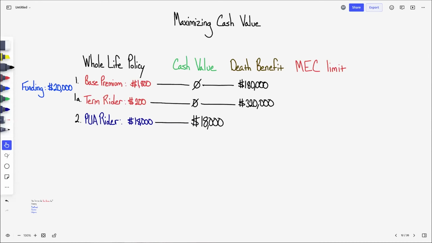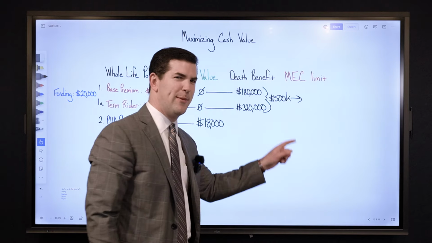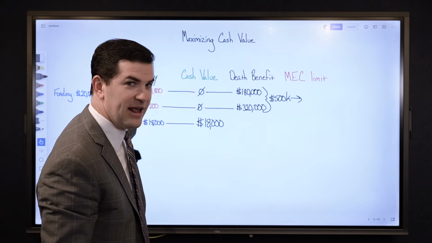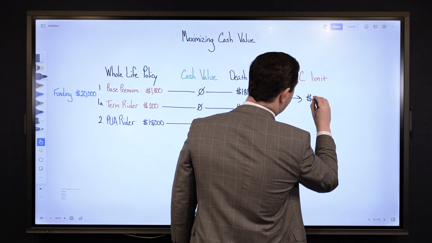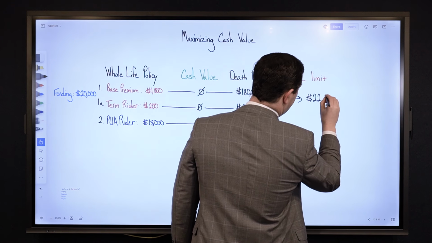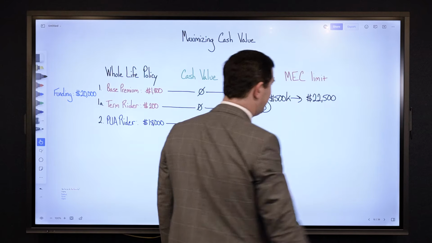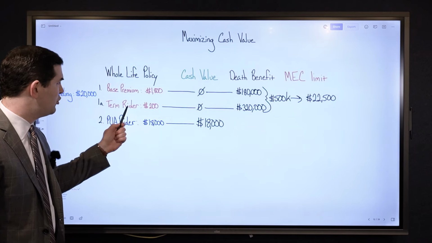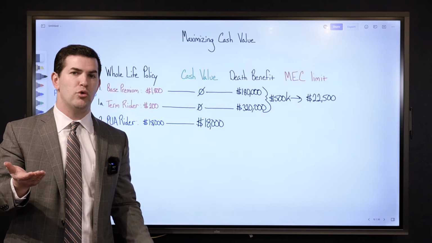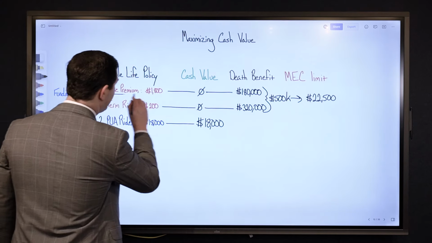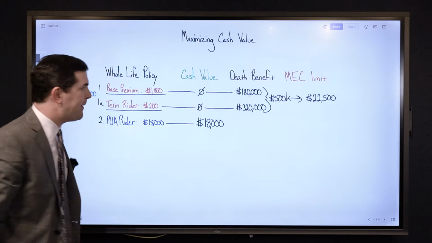Add those two together, you have what? $500,000, which gives us a MEC limit of what? Do you remember what it was in the example where we get a $10,000 premium? $22,500. Adding a term insurance rider is a cheap way to raise the death benefit, which will raise the MEC limit, and it lets me keep my expenses at the absolute minimum.